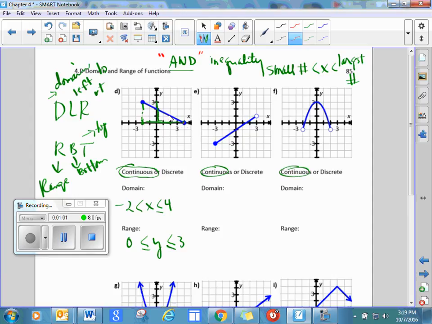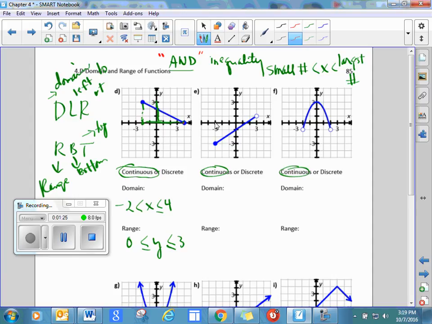So if we look at the next graph, again, this is a continuous graph because it doesn't have any breaks where it starts and where it ends. It's continuous. And if we want to list the domain, writing an "and" inequality, again, we have to look at where it goes on the horizontal, left to right.